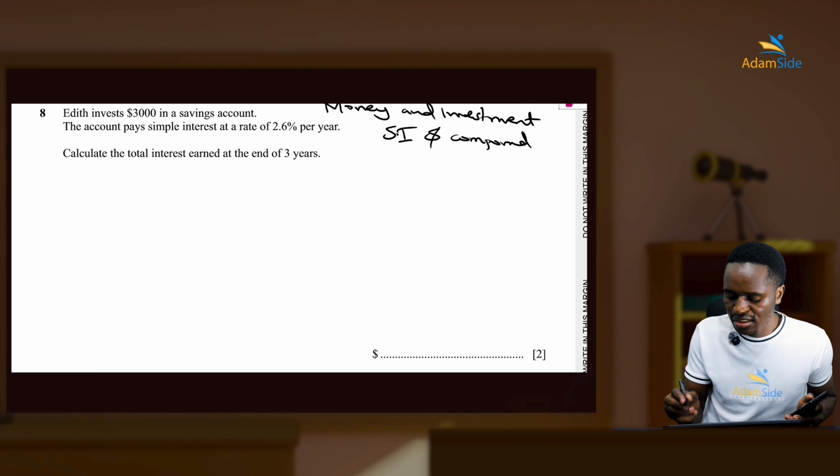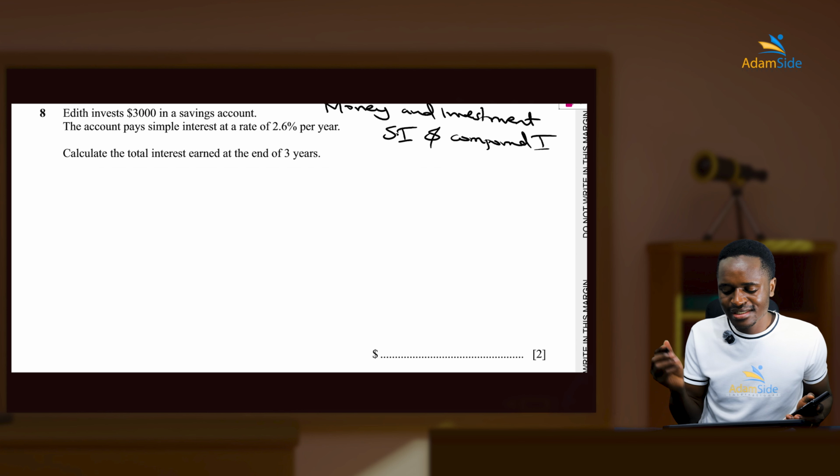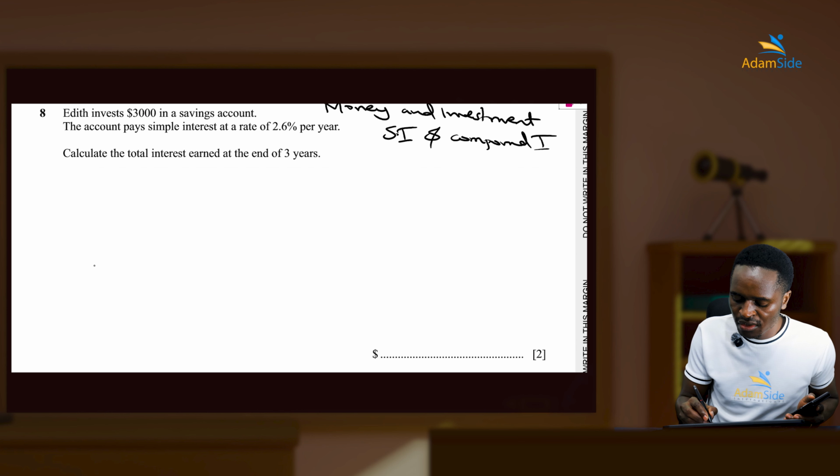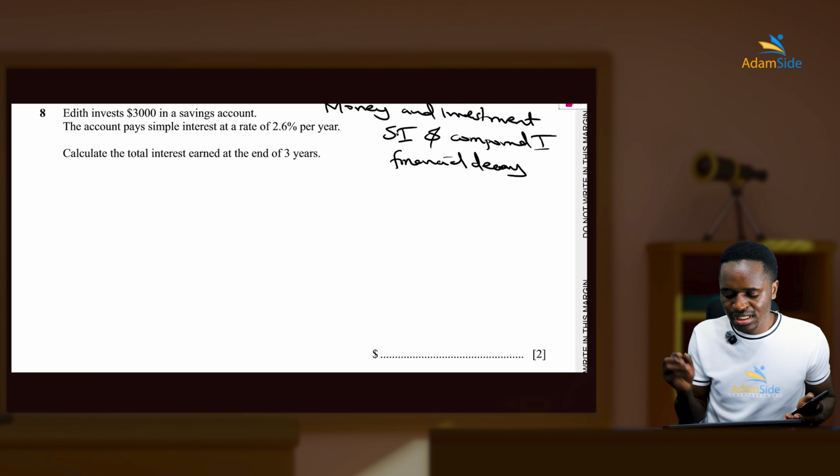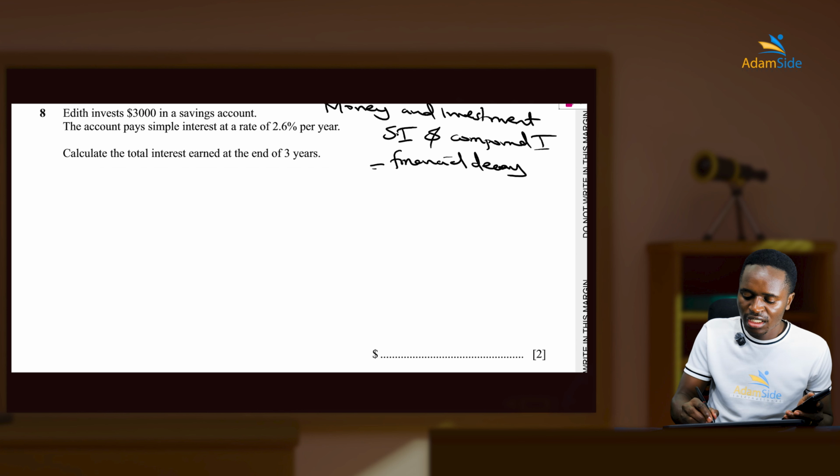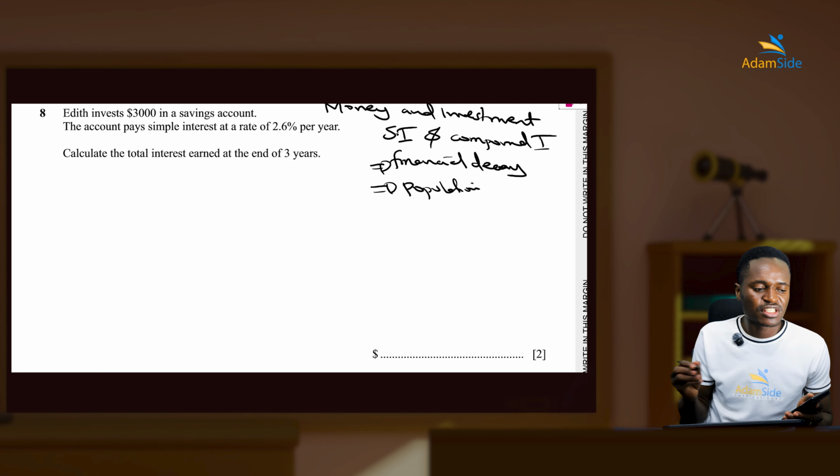Compound interest is highly tested, and sometimes you'll be tested on financial decay. Maybe you can also be given a word problem on population, where you're told to find the population of a specific region.